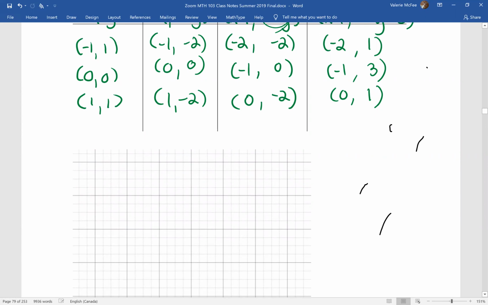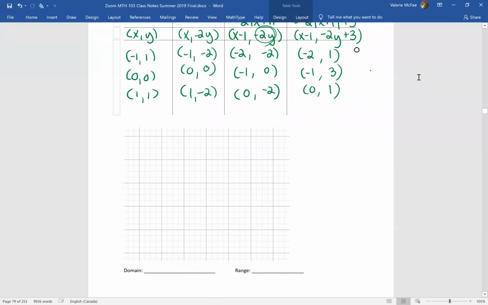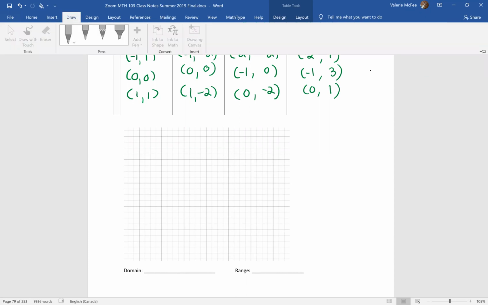Why is it drawing? There we go. Give me a moment. My pencil's being a bit weird.